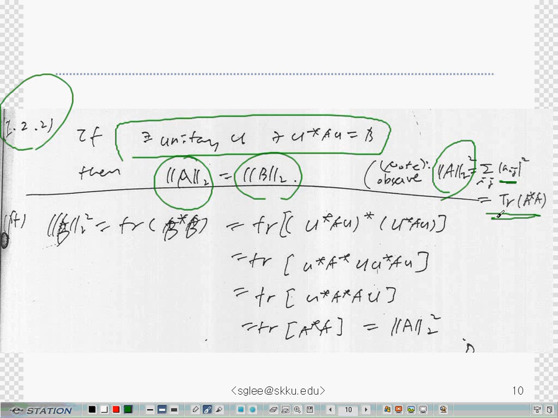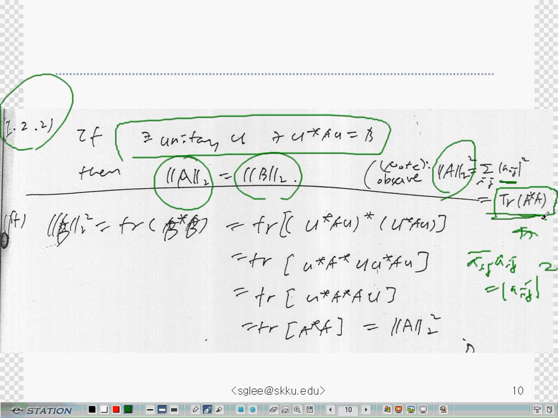That can be considered as the trace of A star A, isn't it? Because A_ij conjugate times A_ij gives the summation of all the square terms.